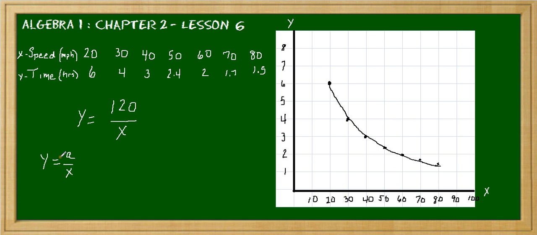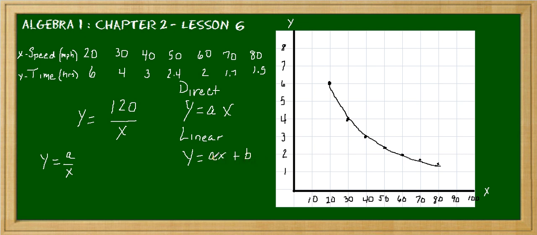Let's go back. The first one we learned was y is equal to ax, and that was a direct variation. The linear function we wrote as y is equal to ax plus b.